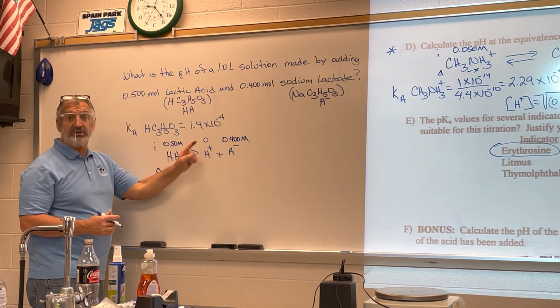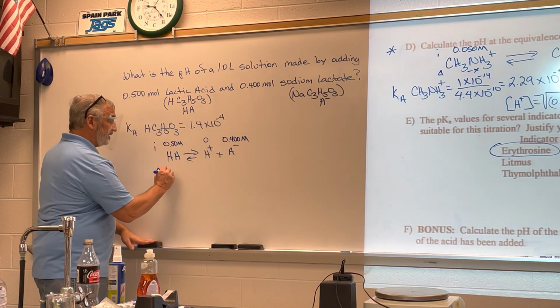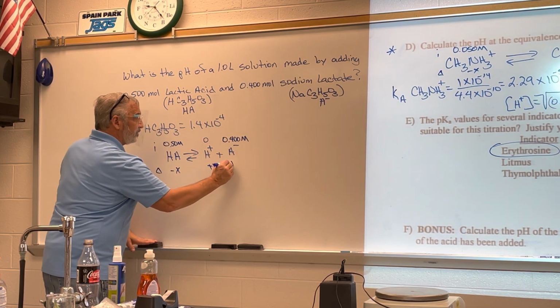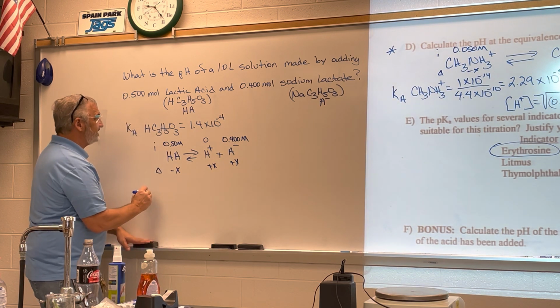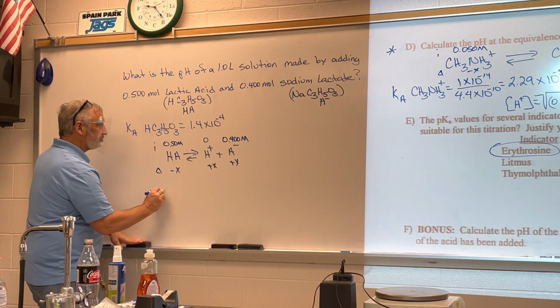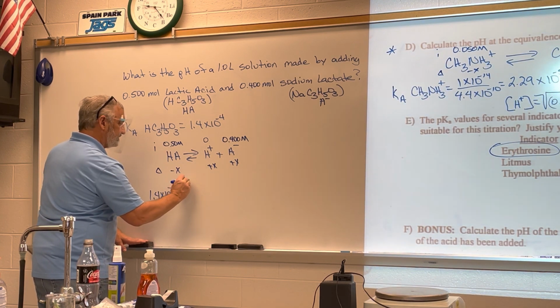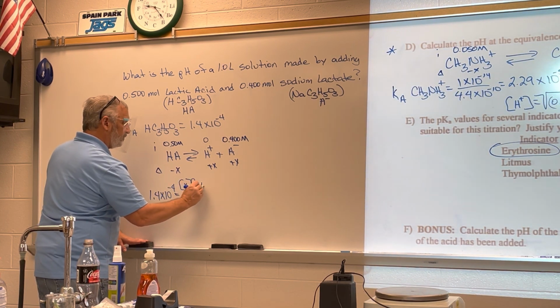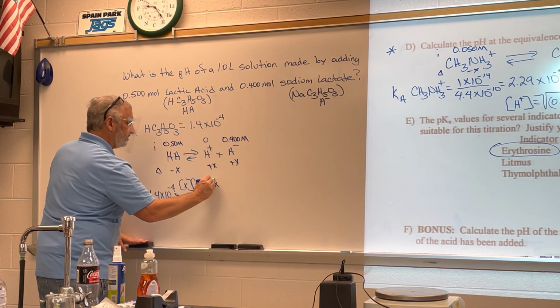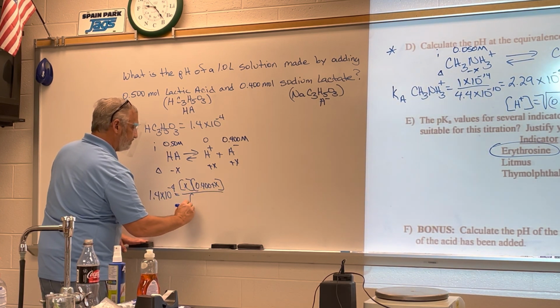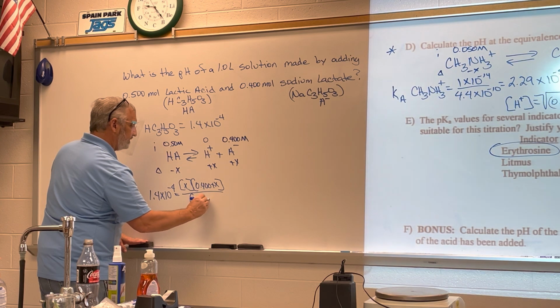To the right, because it's 0. So it's going to be minus x plus x plus x. So I'm going to say then that 1.4 times 10 to the minus 4th is equal to x times 0.4 plus x all over 0.5 minus x.